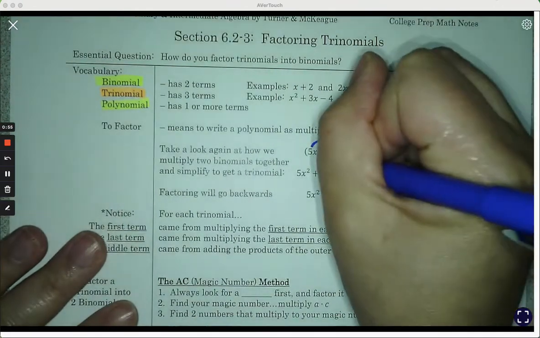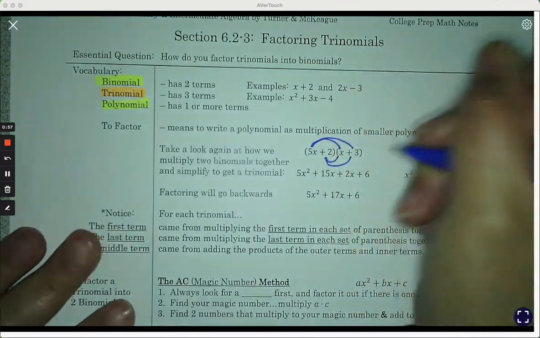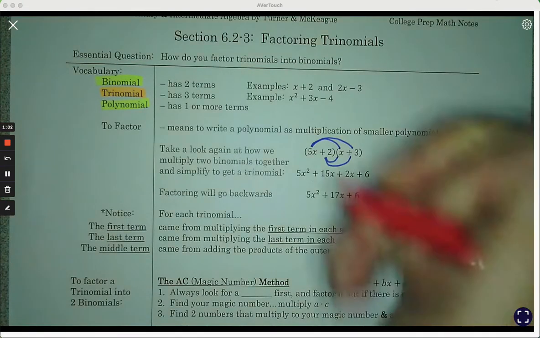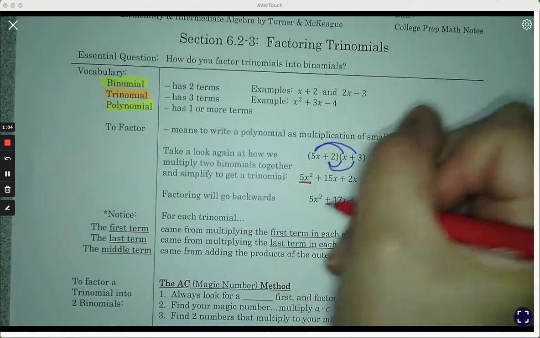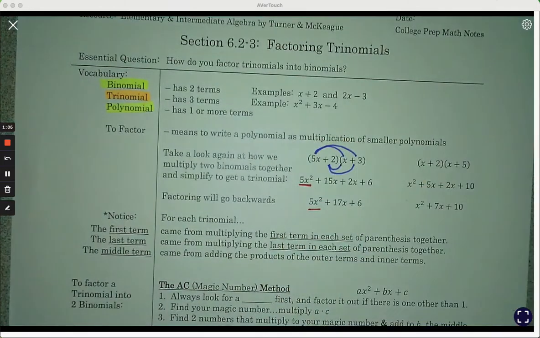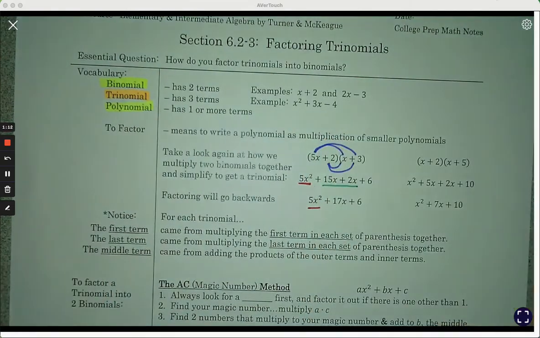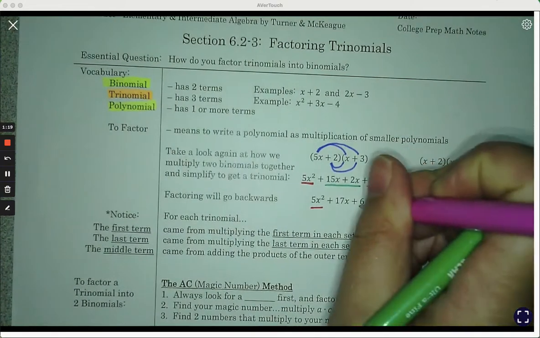And then we did 2x times x and 2 times x and 2 times 3. So that's how we got this 5x squared. And then when we multiplied 5x times 3, we got 15x. And then when we multiplied 2 times x, we got 2x. And then 2 times 3 gave us the 6.